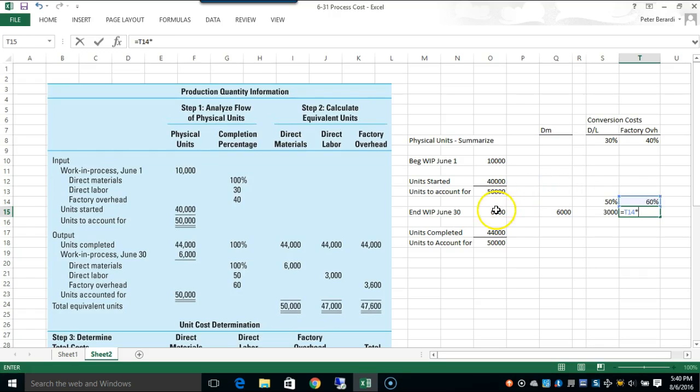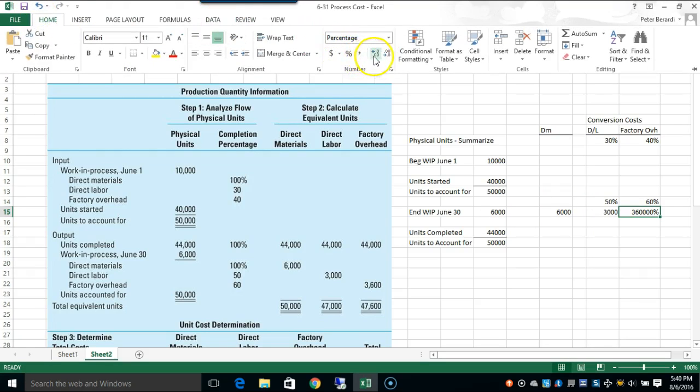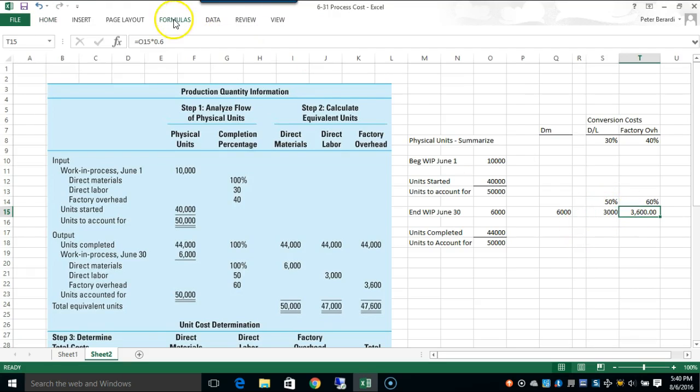The equivalent unit of ending WIP for factory overhead is not that, so let's get it right. 3,600, which is what you have here.